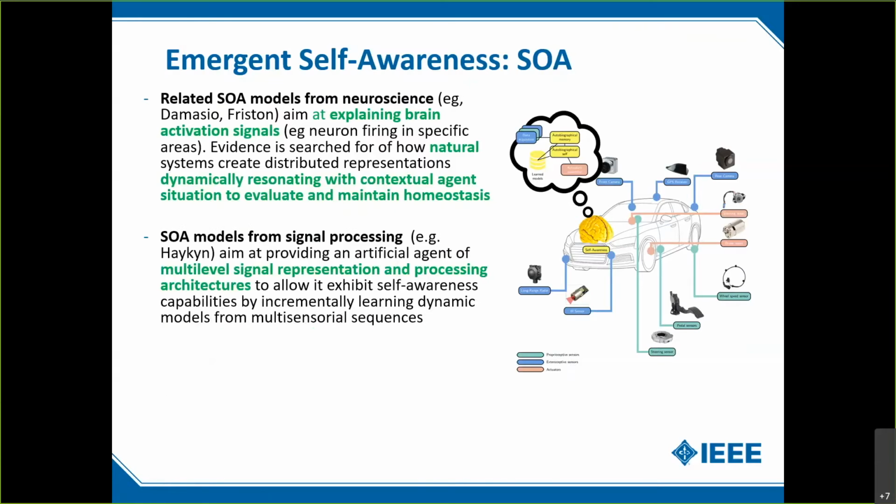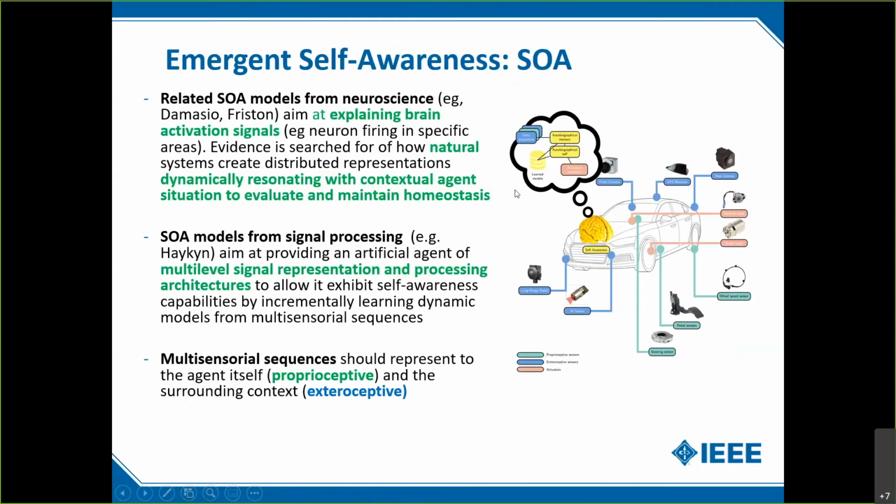Also in signal processing, we have nowadays a lot of literature that can provide methods that can allow us to start to understand how to create multi-level signal representation and processing that can help an artificial agent to do this.